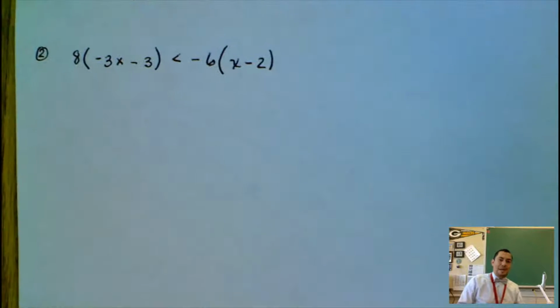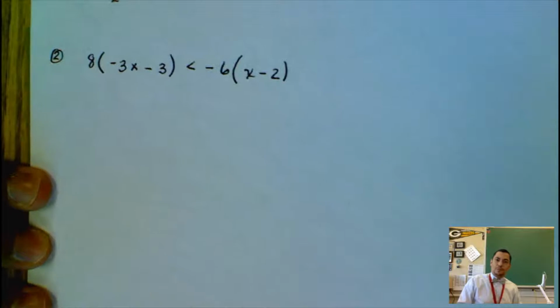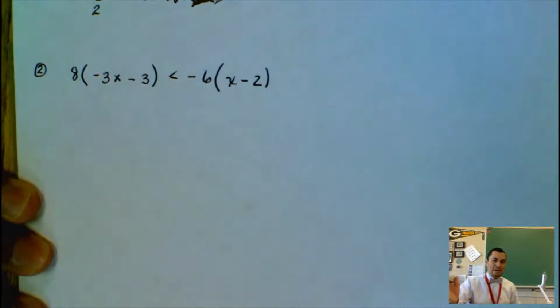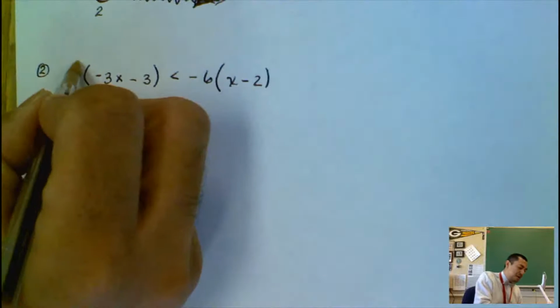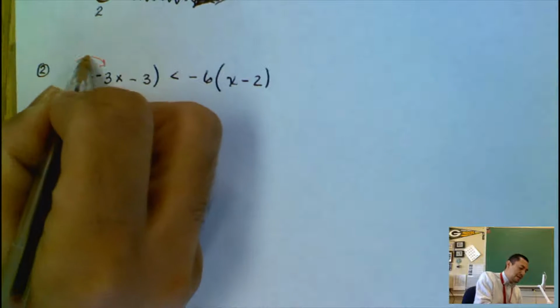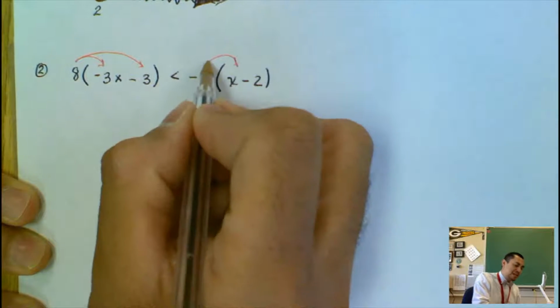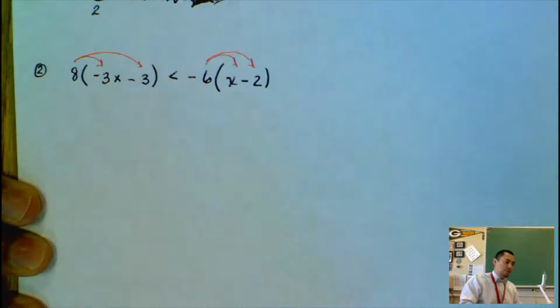So I have a bigger one, 2 parentheses, both sides of the inequality. Let's not panic about it. Remember, if you have parentheses, it's called for distributive property, 8 times 3, okay? 8 times -3, -6 times x, and -6 times 2.